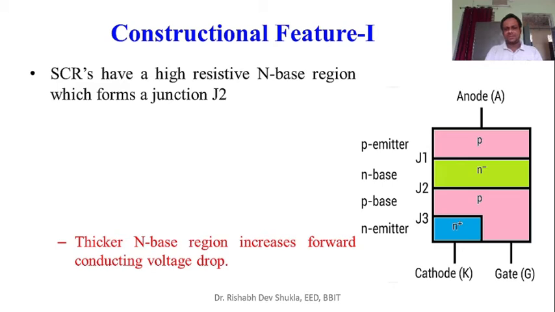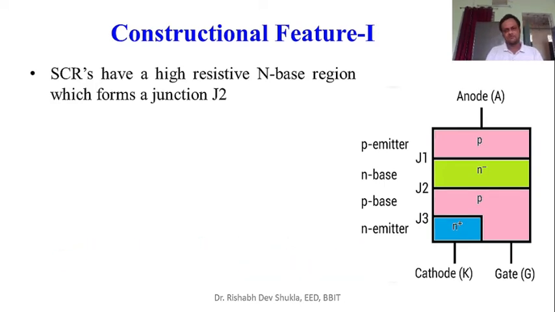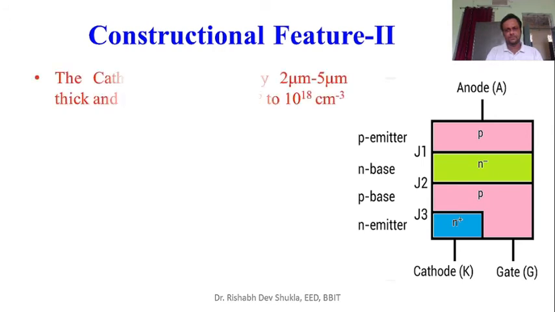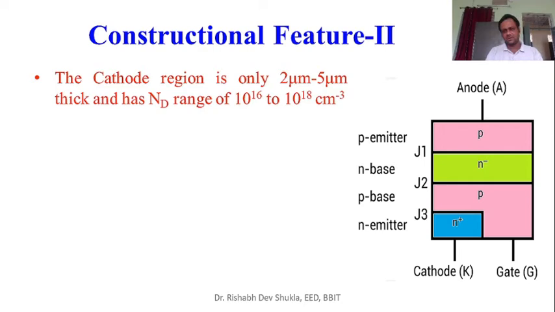Thickness of this N base region is increasing your forward conducting voltage drop or forward voltage drop. Cathode region is ranging from the 2 micrometer to 5 micrometers only.